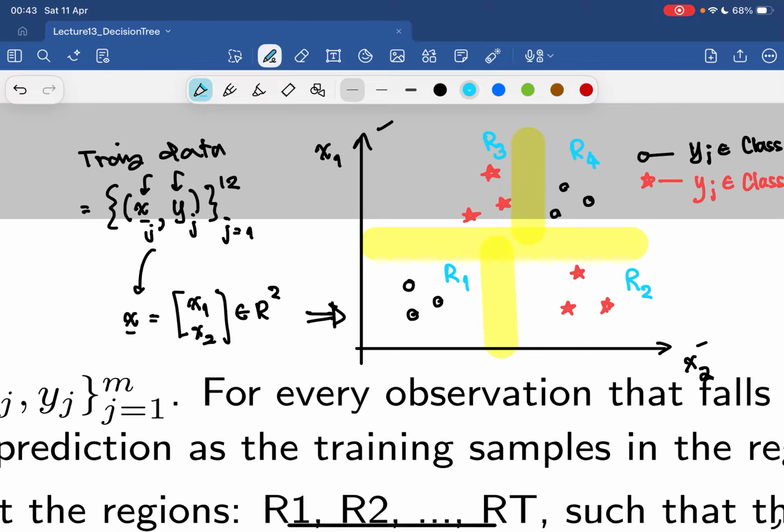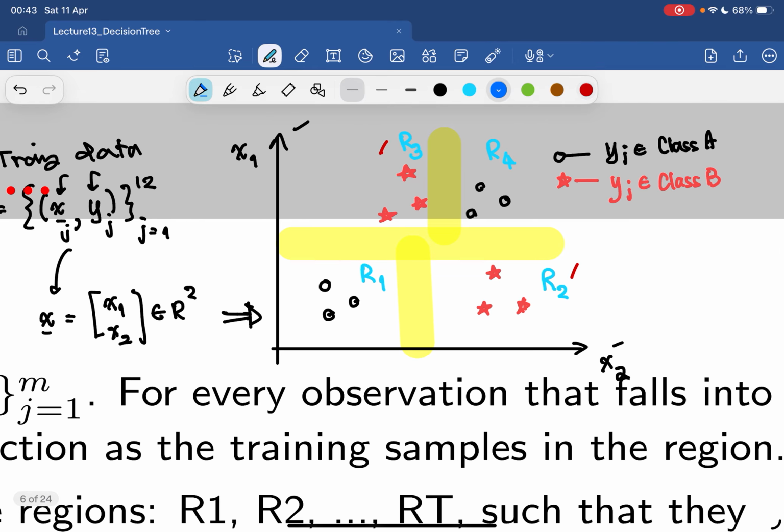If you divide the data into separate regions, you can say that data in regions R2 and R3 must be in class B, and data in regions R1 and R4 are going to be in class A.